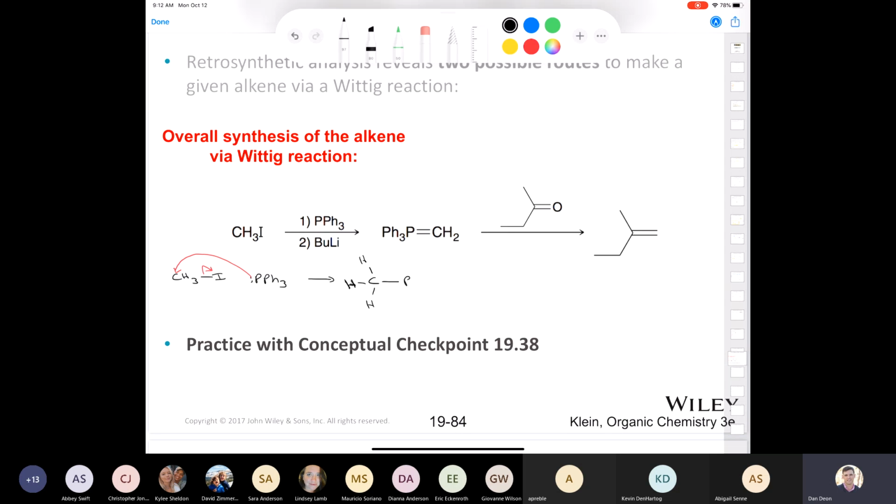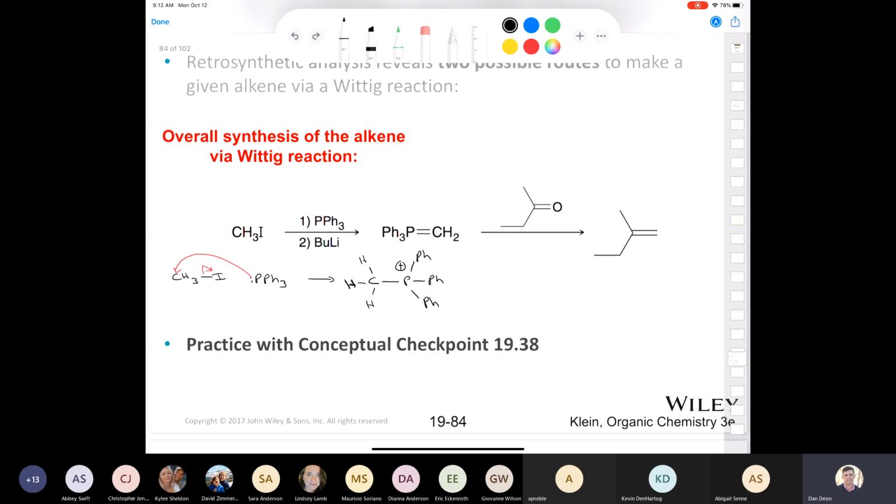Then you've got a phosphorus that's got 1, 2, 3, 4 bonds. Phosphorus is in group 5A. When phosphorus has 4 bonds and no lone pairs, it's got a positive charge. That means that this whole molecule has a positive charge. How do we balance out that positive charge? We're going to take butyllithium.